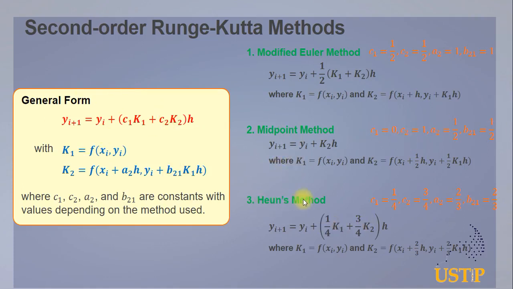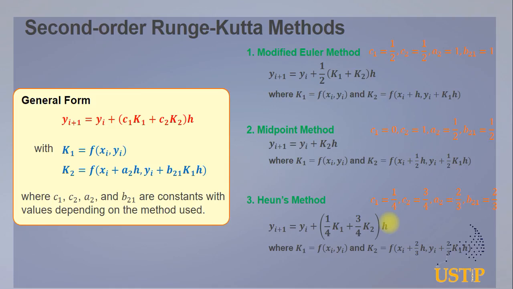And then we have this Heun's method, where C1 is equal to 1 fourth, C2 is equal to 3 fourths, then A2 is equal to 2 thirds, and then B21 is equal to 2 thirds. So yi plus 1 is equal to yi plus quantity 1 fourth times k1 plus 3 fourths times k2 h.